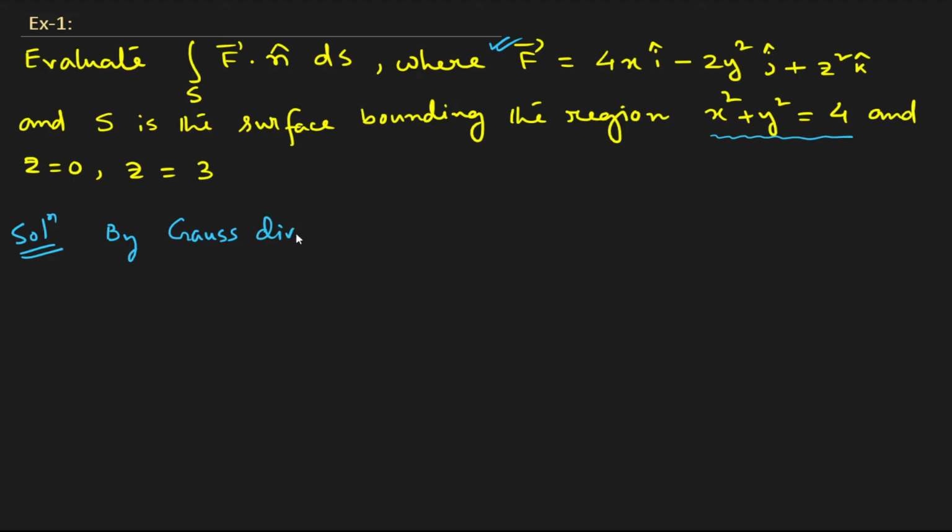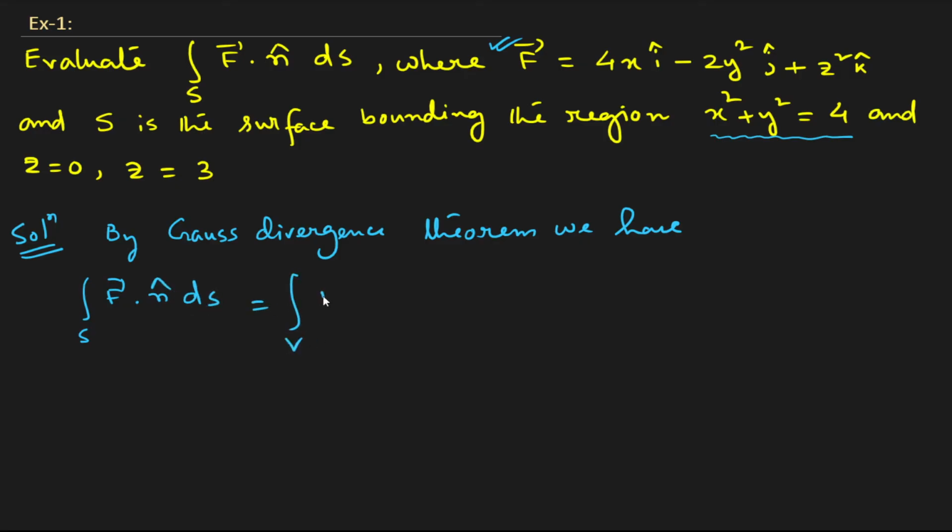Gauss Divergence Theorem. We have, so it's a double integration, or you can write a single integration also. Integration of F bar dot n cap dS equals integration over V of div F bar dV.